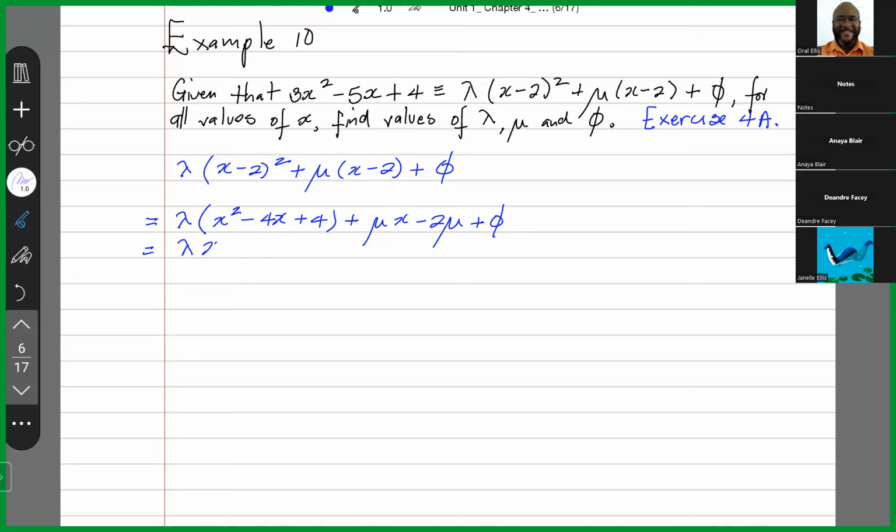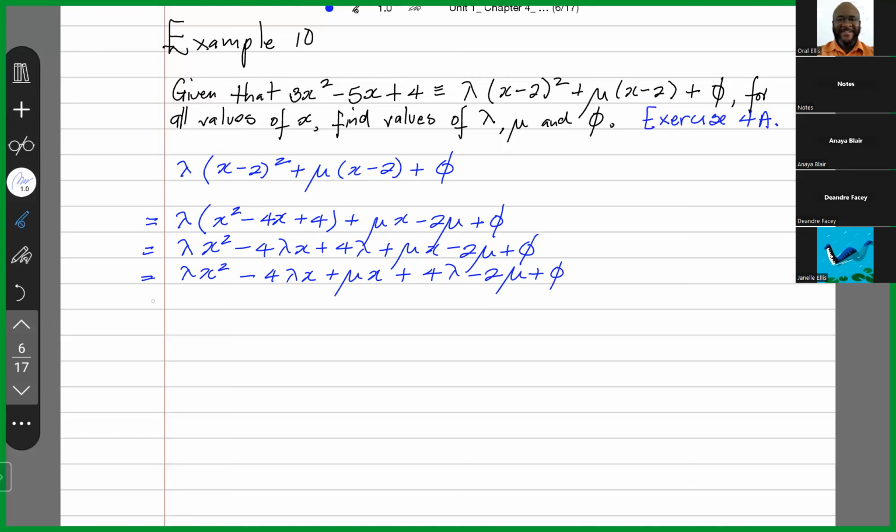So it's lambda x squared minus 4 lambda x plus 4 lambda plus mu x minus 2 mu plus phi. Let's group our like terms. We have lambda x squared. Let's get all the terms in x. We have minus 4 lambda x plus mu x. Let's get all the constant terms: 4 lambda minus 2 mu plus phi.